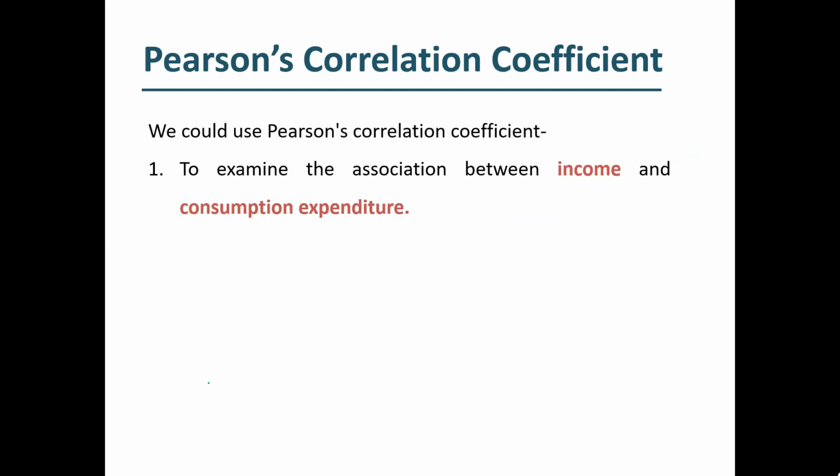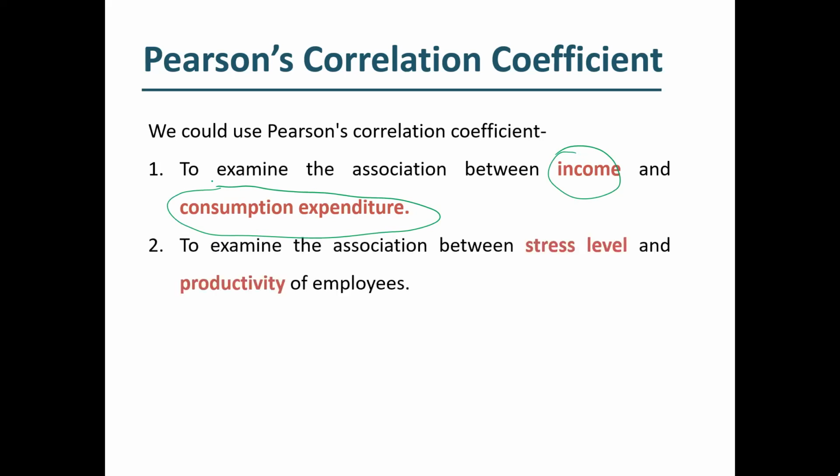In these examples, suppose we are interested to find the association between income and consumption expenditure. Income is our first variable, consumption expenditure is our second variable. Both are quantitative and both must be normally distributed. Second, examine the association between stress level and productivity of employees.